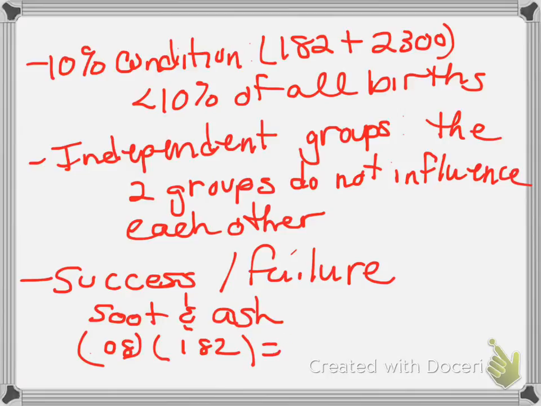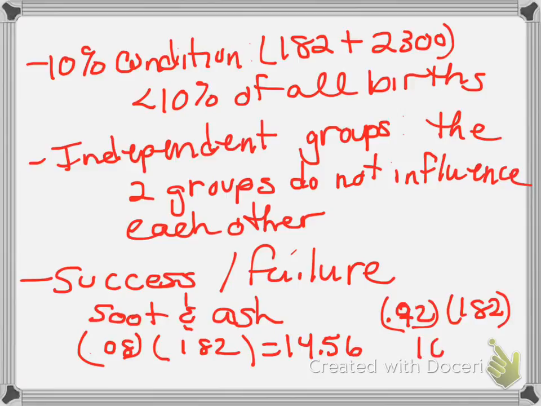And that barely makes it, that's 14.56. And then the failures are going to be 0.92 times 182. And so 182 minus 14.56, and I get 167.44. And both of these are greater than 10. Okay?